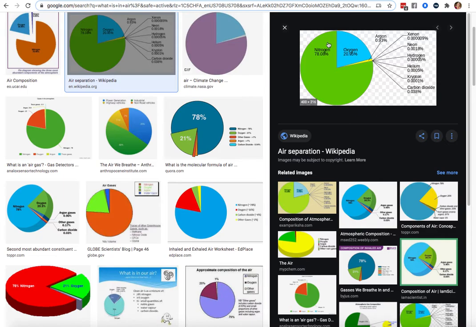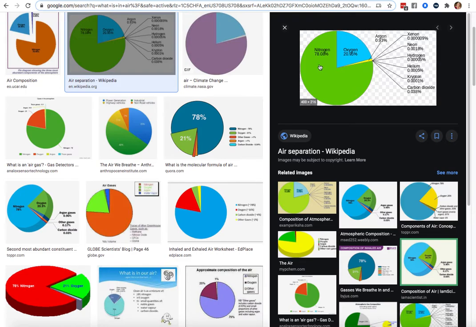So we've got mostly nitrogen, a good amount of oxygen, some argon, and then all these other things: xenon, neon, hydrogen, helium, krypton, and carbon dioxide. You do not, as far as I know, need to know that list. If anything, knowing that it has nitrogen and oxygen in it might be a good idea. Probably not something you specifically need to know either.